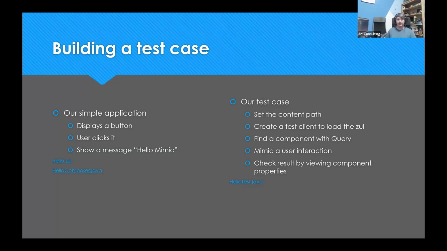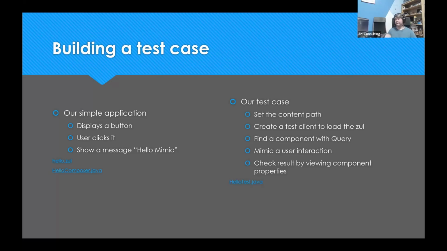Our very simple application, as described here, has a button and a label, and when you click the button, you update the label. You just change the text. So the functional expectation is we're going to click our button, and the text of the label is going to go from empty to hello mimic. If the text is something other than hello mimic, something has gone wrong and we can fail the test.